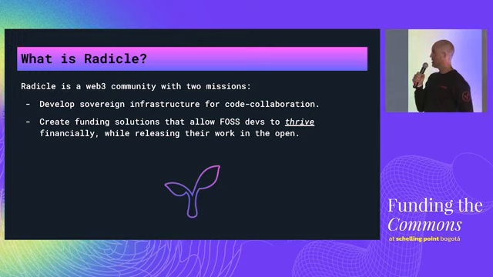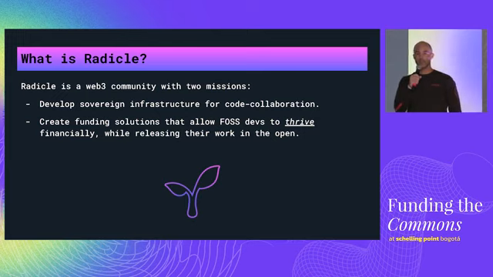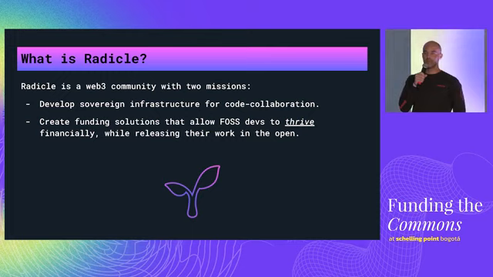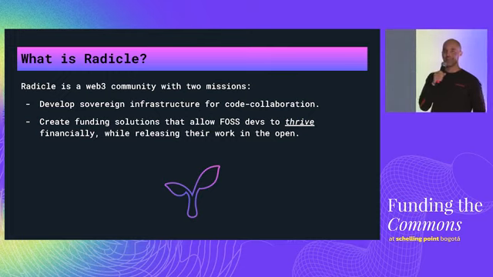And the second part is the part that I'm going to be talking a bit more about here today. It's really to do with creating funding solutions that allow FOSS developers to thrive financially while releasing their work in the open. We want to emphasize the thrive part, because too often there's this idea of celebrating folks working in open source for being able to survive. It's like, oh, you were able to make enough money to pay rent.